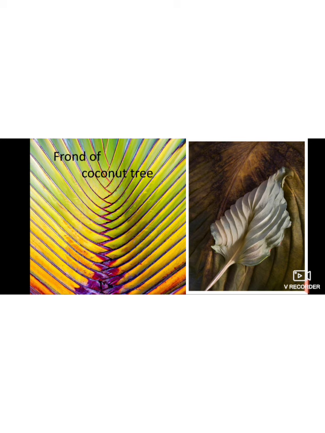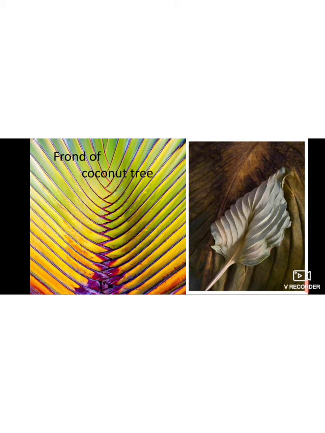The fronds of a coconut tree are arranged in such a sequence that you'll be amazed at the beauty of it. They are perfectly symmetrical. Symmetrical means the right side and the left side are similar. They just look like the other side.